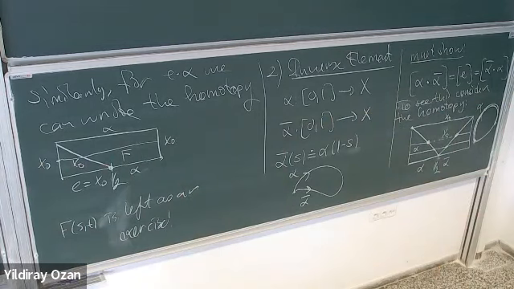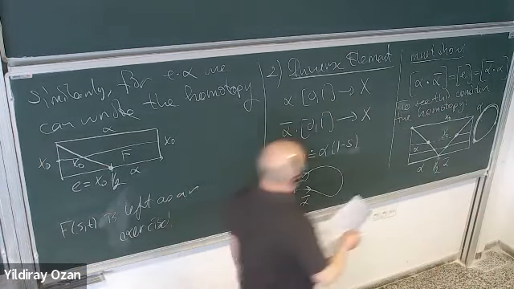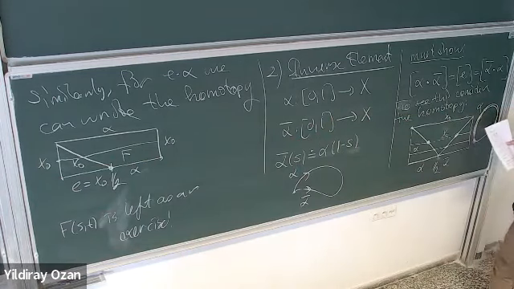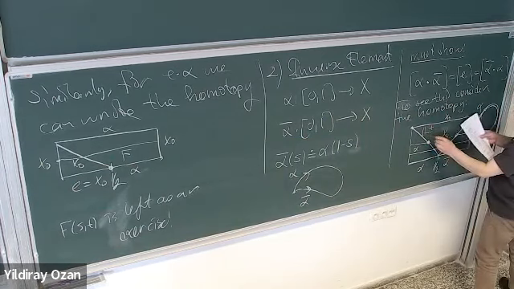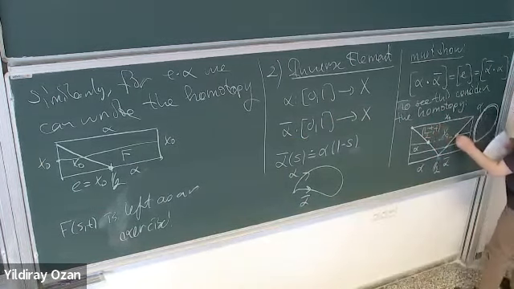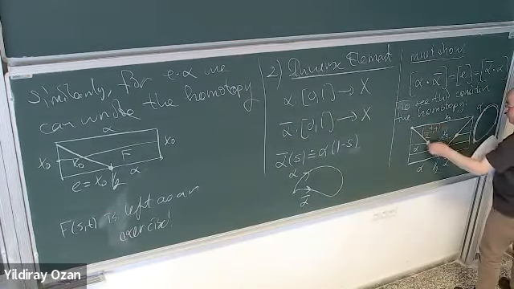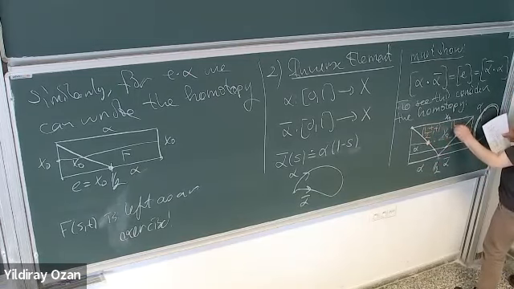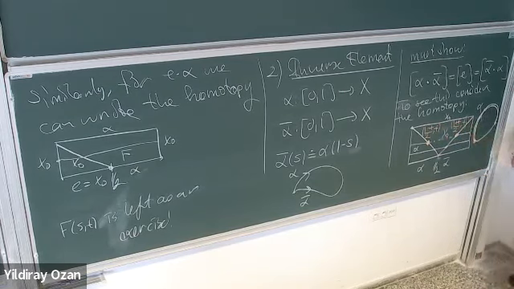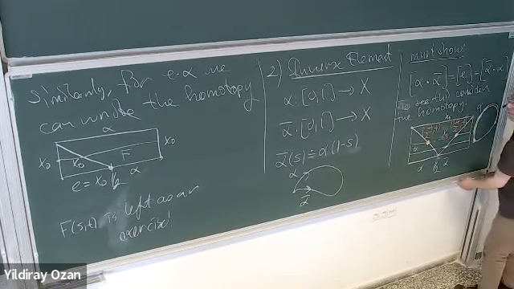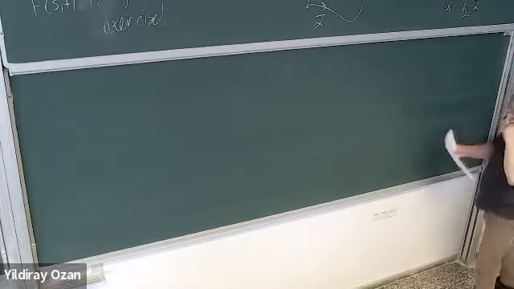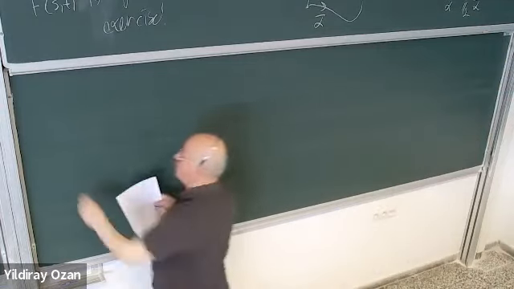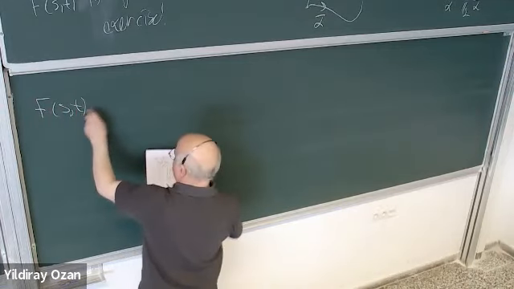This point is (1 minus t over 2, t), and this point is (1 plus t over 2, t), okay? And here is the homotopy F(s,t).